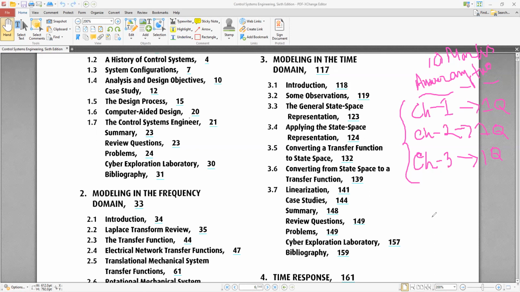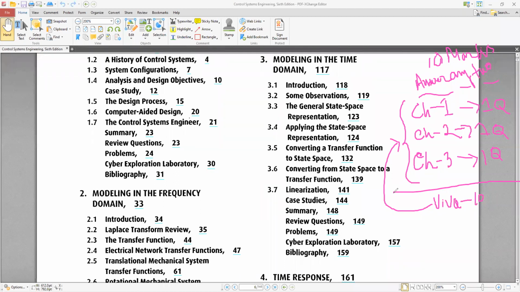So 10 marks comes from here, and we have another 10, which is the viva. In the viva, I will not distinguish; I can ask you from anywhere. Okay, I can ask you from anywhere in the viva.